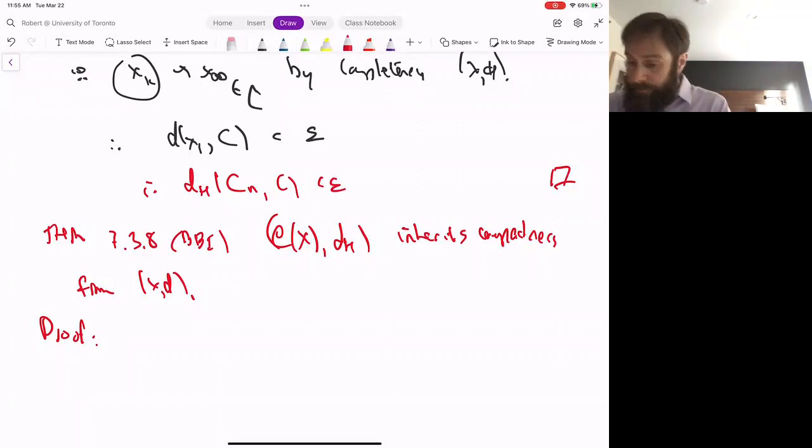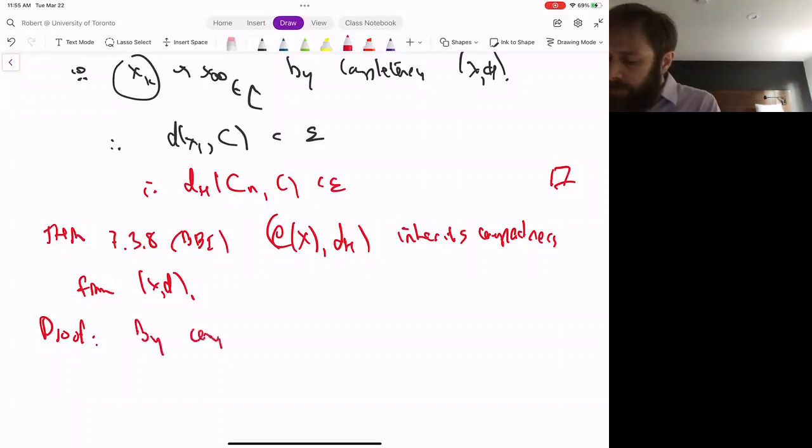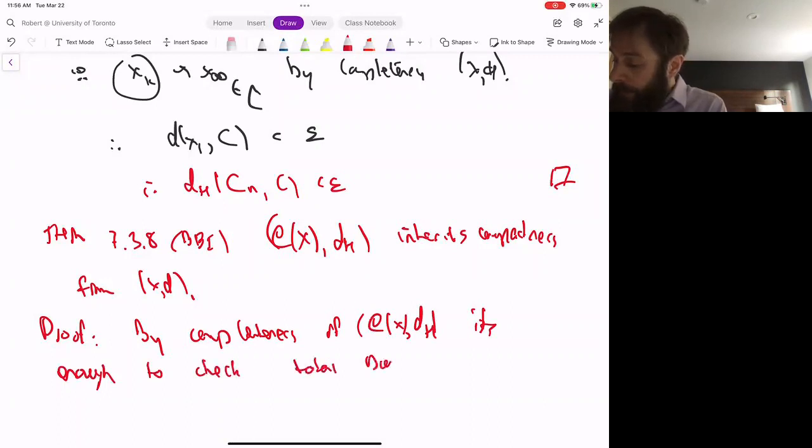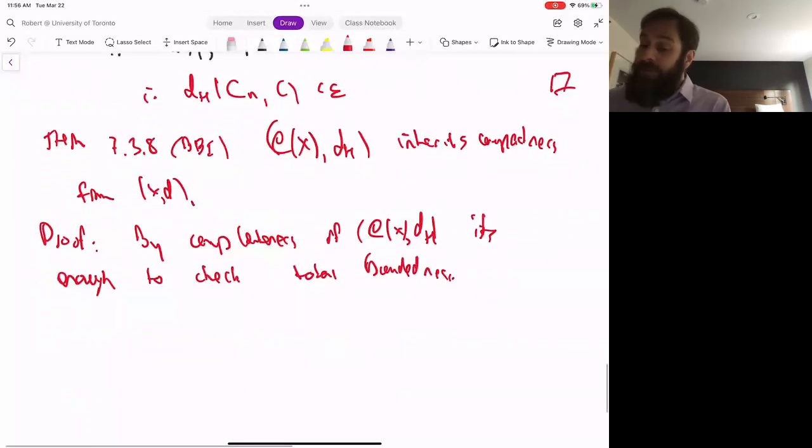And by completeness, it's enough to deduce total boundedness.